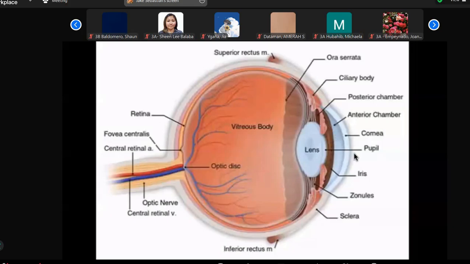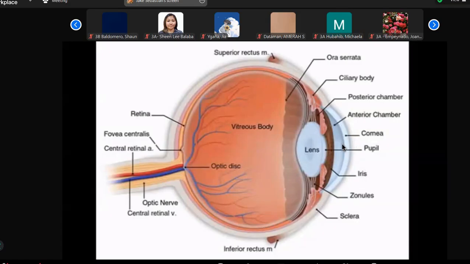Give me the function. One person, cornea. Doc, the cornea directs light rays into the eye and helps focus them on the light-sensitive retina at the back of the eye, providing sharp, clear vision. Okay, good. So the cornea refracts light together with the tear film and the air-tear interface. So it's the cornea, but also the tear film on top of it bends light, plus the air on top of the tear.